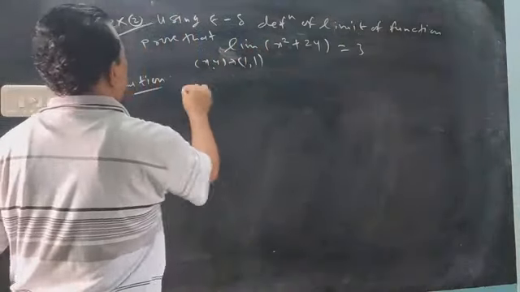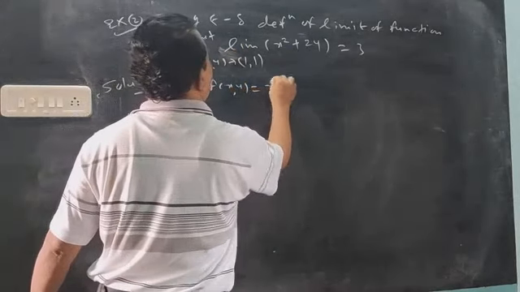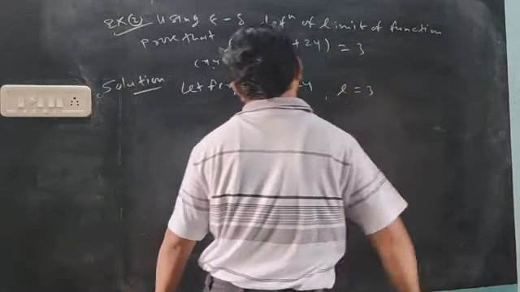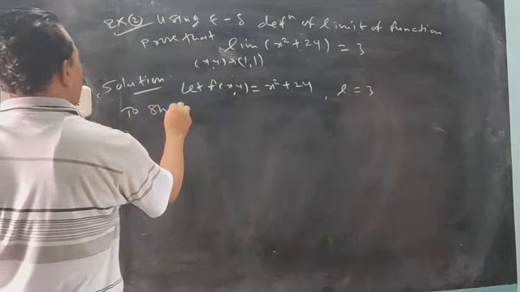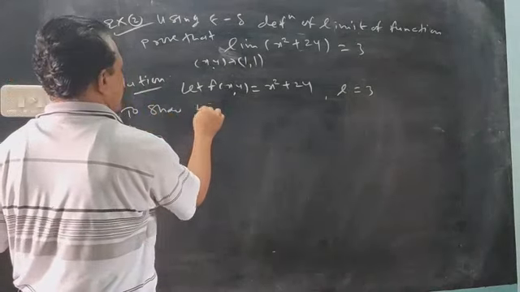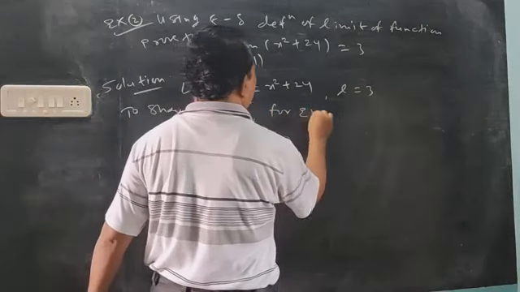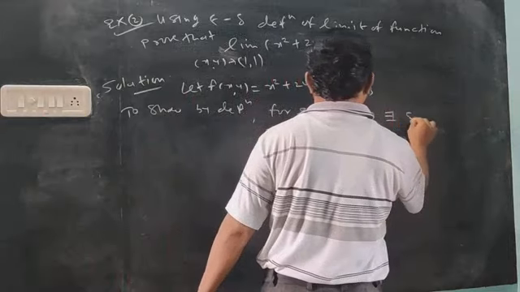Now here, let the function be f of (x, y). This is a function, and the limit is 3. Now we have to show by the definition: for every epsilon greater than 0, there exists a delta greater than 0.